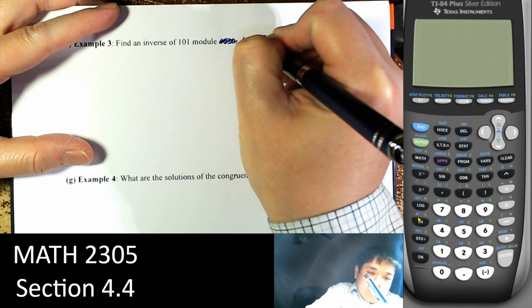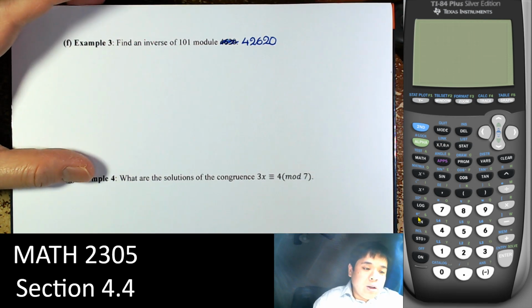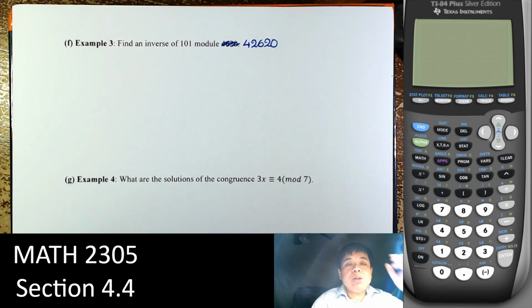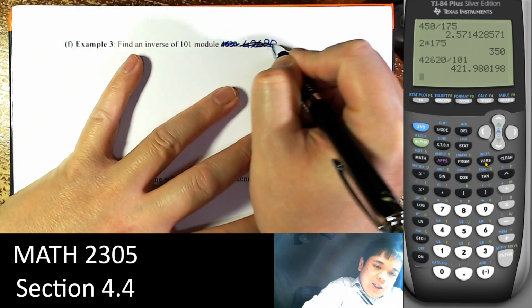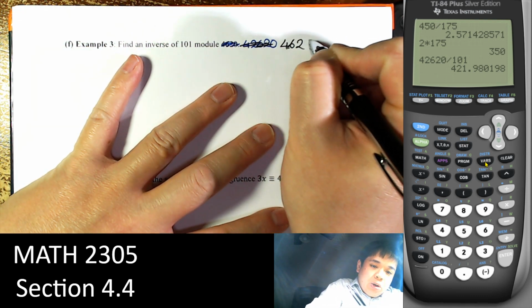We just divide and use the division algorithm: 4620 divided by 101. It's not going to be nice and even, but it's going to be 45.